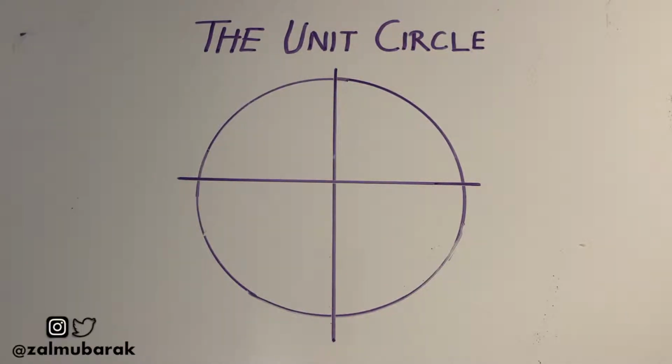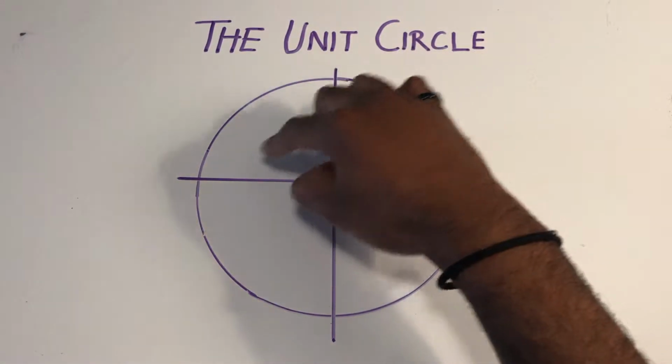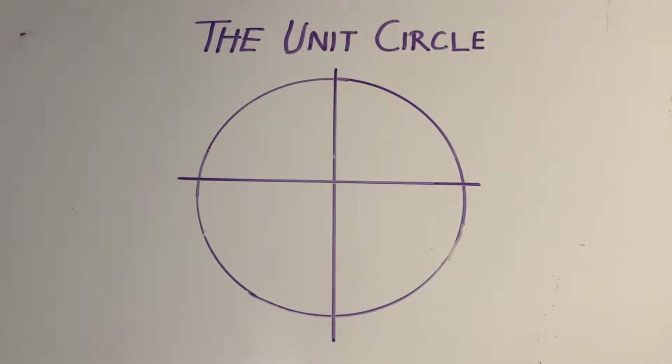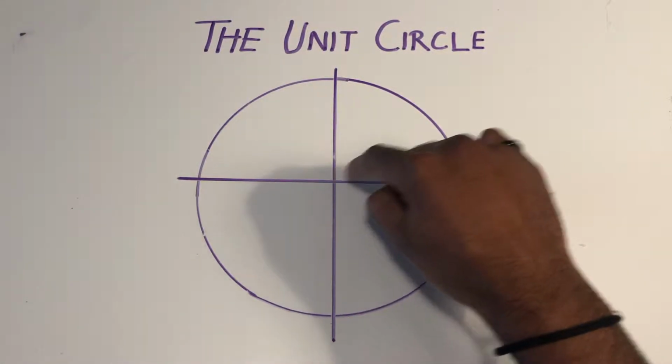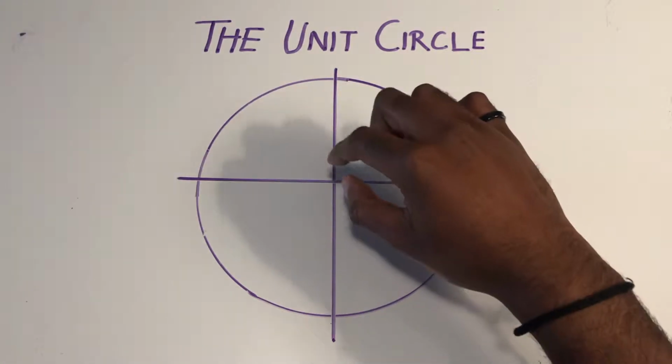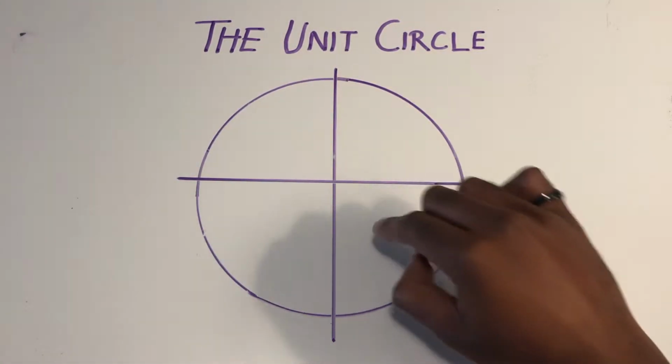It really does depend on what you're looking for, but in this video we're going to look at a unit circle where each quadrant is divided into 4 parts. So there are 3 lines, for instance, 1, 2, 3, and then 1, 2, 3 in each quadrant.